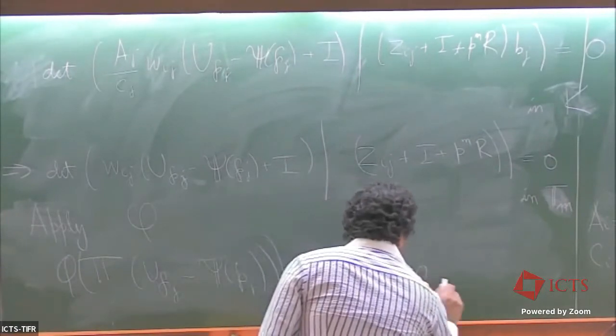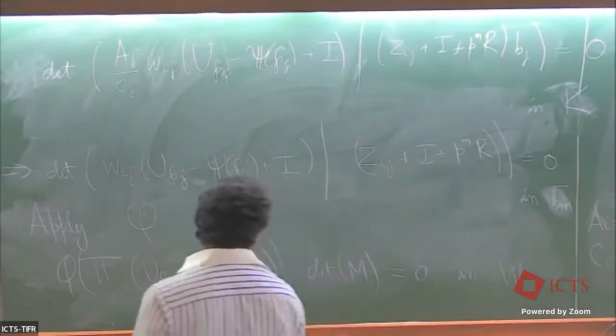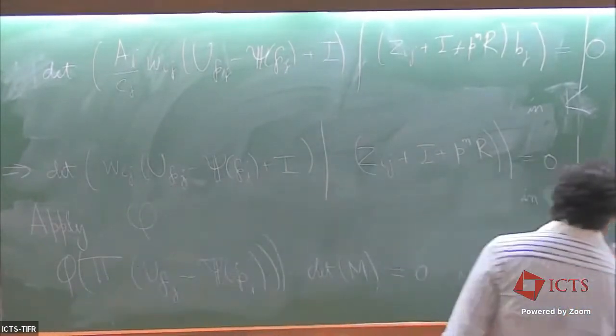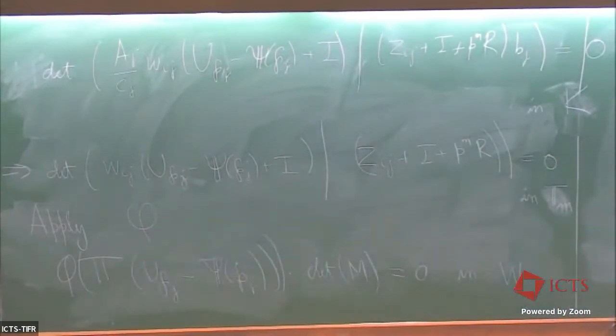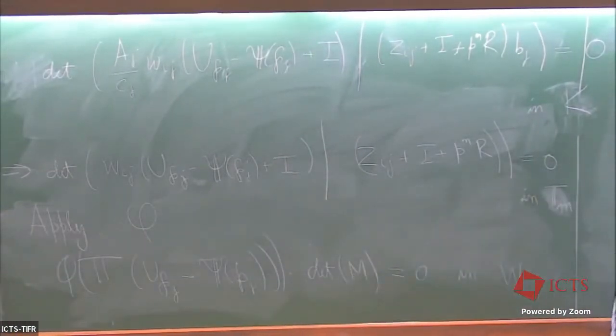This is 0 now inside W, because you have applied phi to this thing. And we are basically done, because the determinants of these are relations over R, right? Your M was inside R, so the determinant of M is an element of R.